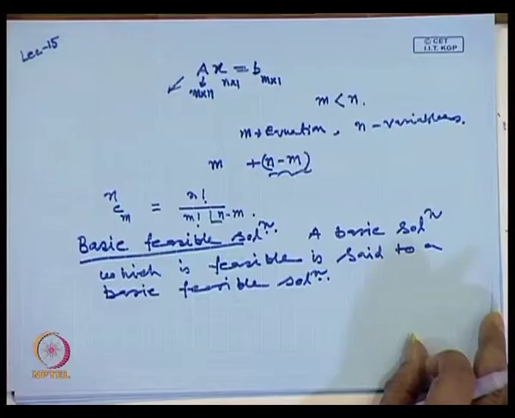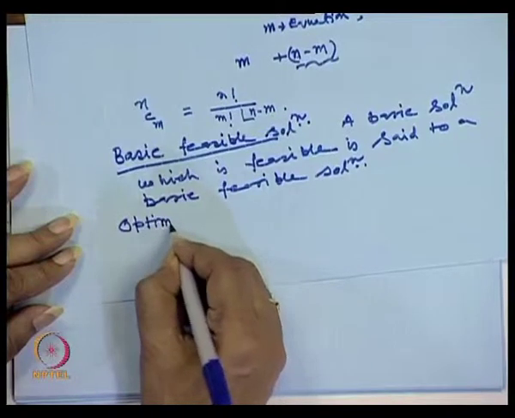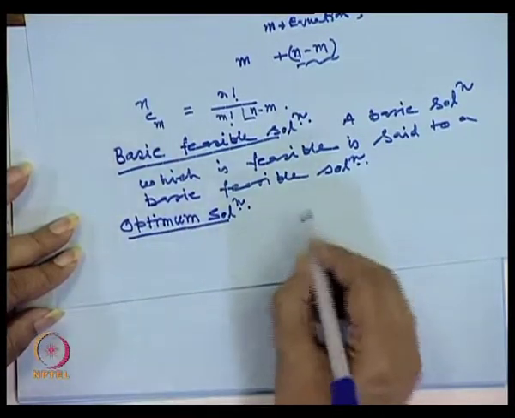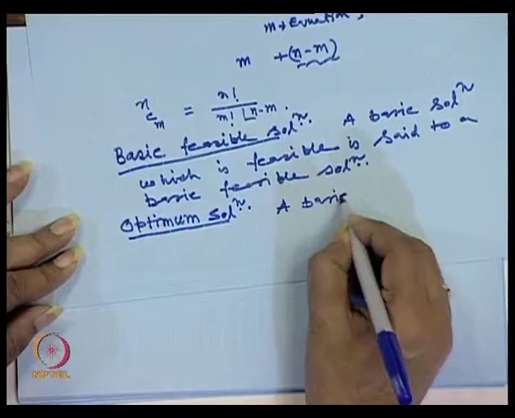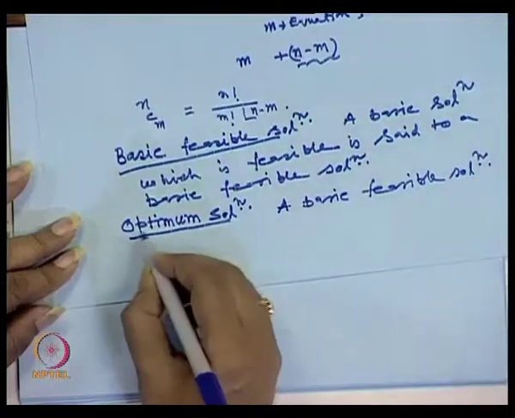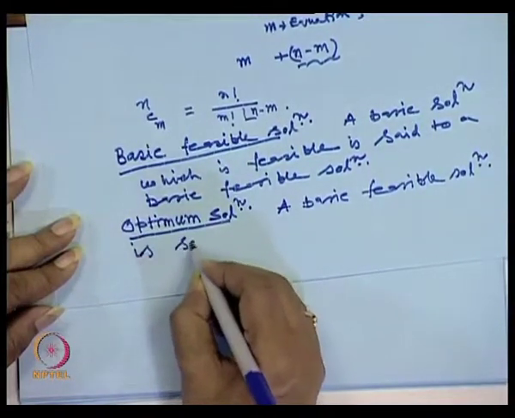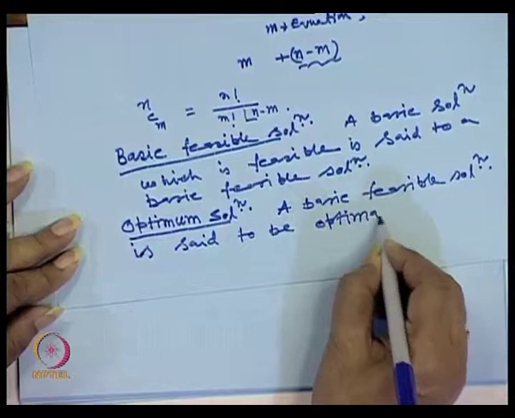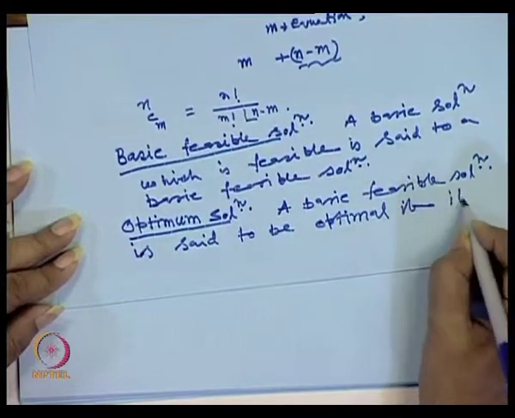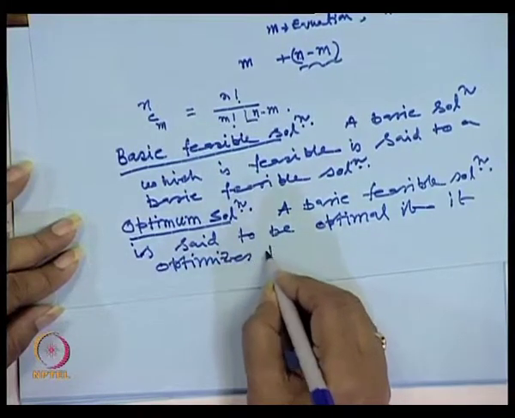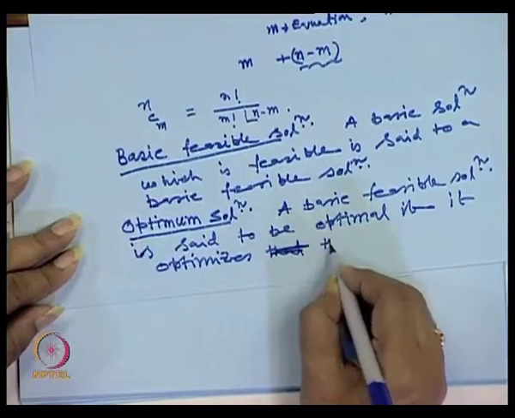So, next is the optimal solution. A basic feasible solution is said to be optimal if it optimizes the objective function.